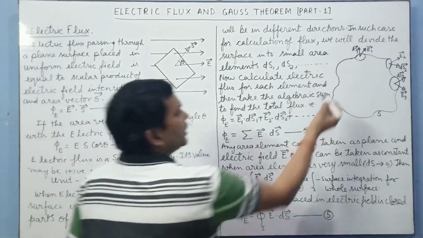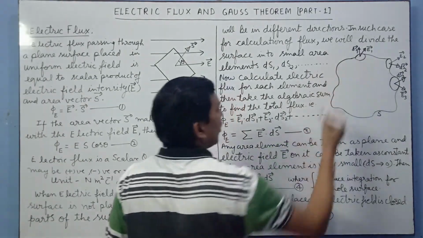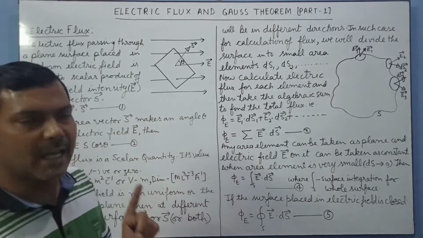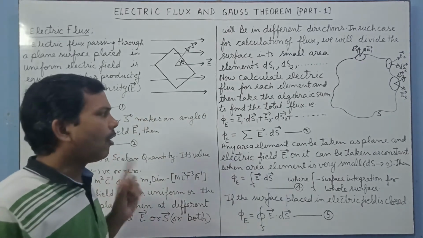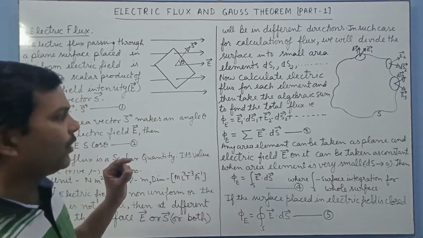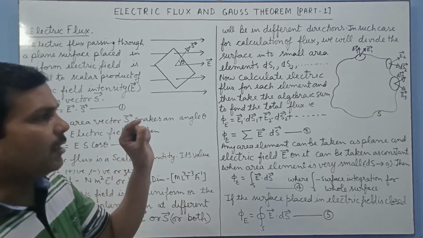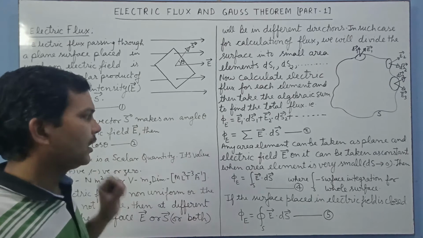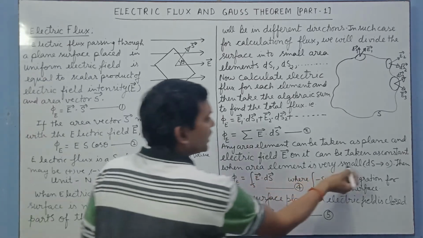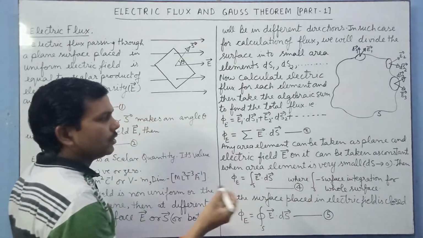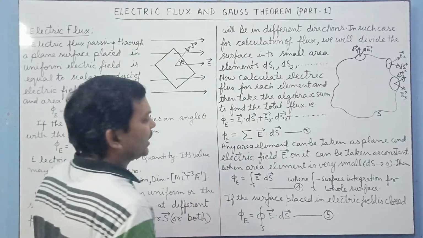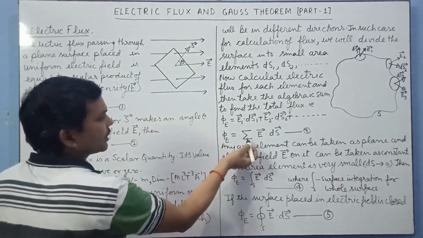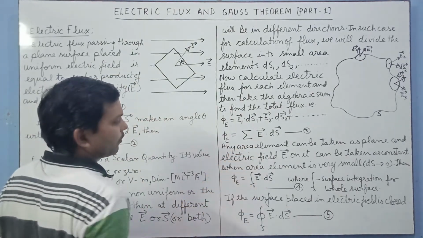Since this area element is very small, it can be considered as plane. Also, the electric field confined in a very small area can be taken to be constant. So the area element is very small, ds tending to 0. In this case, we can convert this summation into integration.